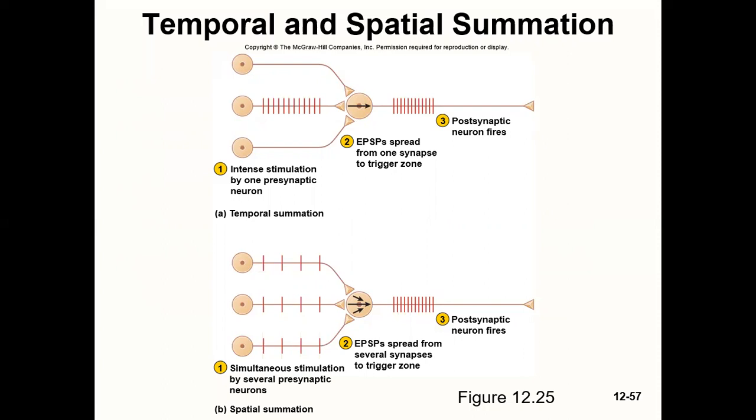If we have all three of the presynaptic neurons delivering some type of stimulus to the neurosoma, it can oftentimes be enough to reach that threshold, take it to the trigger zone, and fire the postsynaptic neuron as well. So either the intensity has to be really high of stimulus, or it can be three weaker stimuli, or multiple weaker stimuli that add up to equal enough change in the resting membrane potential to fire that postsynaptic neuron.